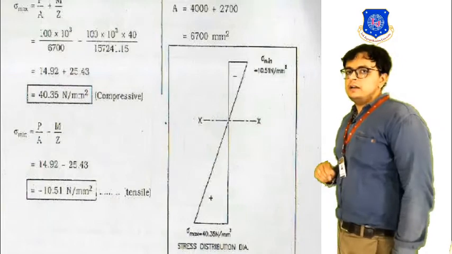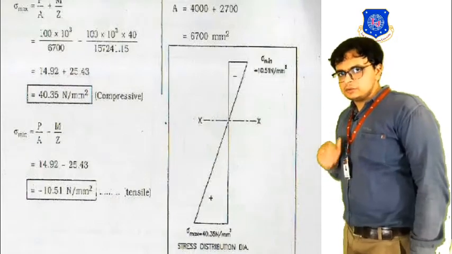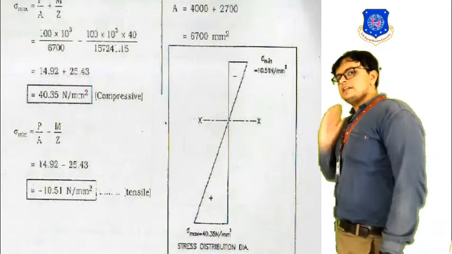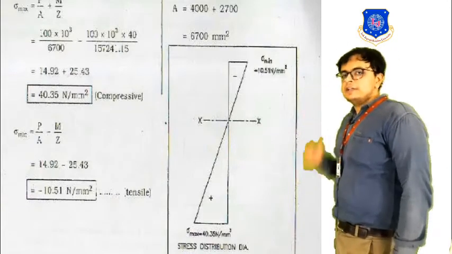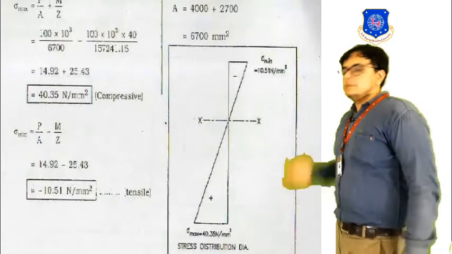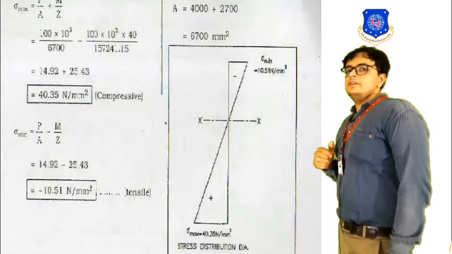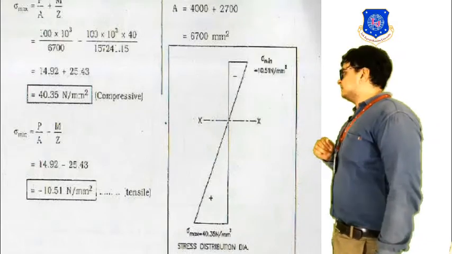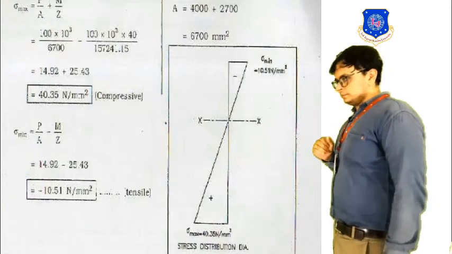So, first of all, we require the direct stress, that is sigma 0. Its formula is just P by A, means the axial load that is acting onto the structure, that is 100 kilonewton, and we have the area of 6700 millimeter square. It is nothing but a summation of both the values.